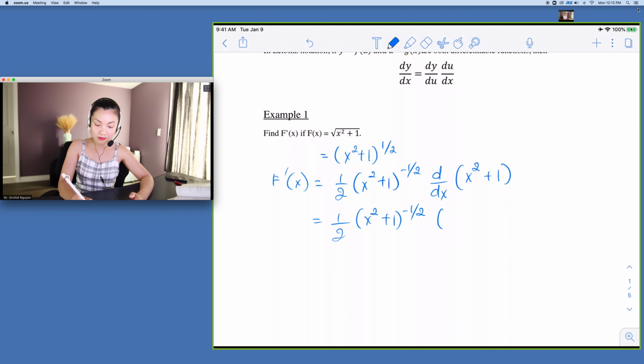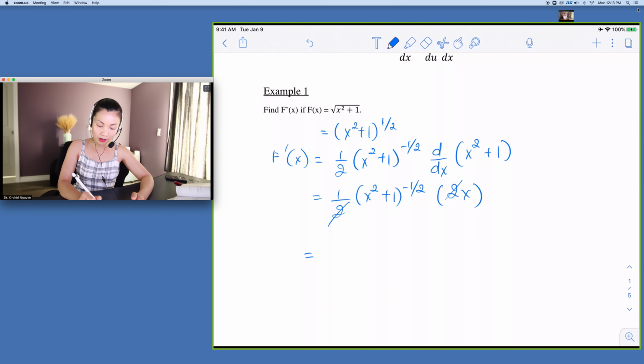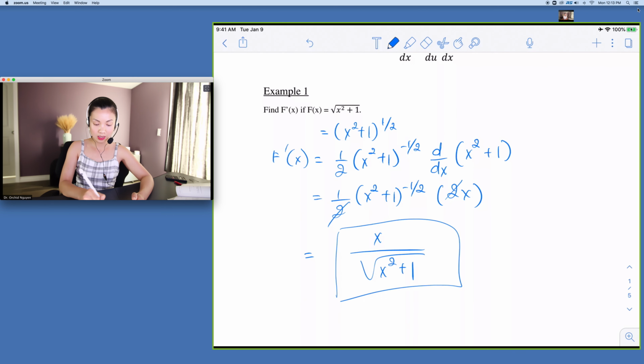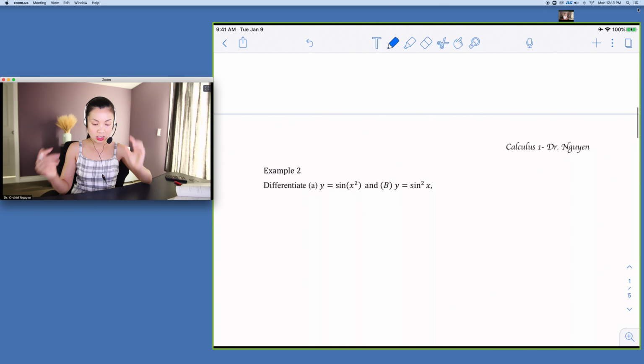The derivative is going to be 2x. And then you can just simplify it. Okay. So what I have is x in the numerator, and the denominator is the square root of x squared plus 1. That's the chain rule.